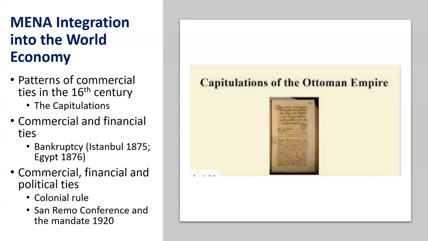And it became worse in the 16th century through a series of agreements. European merchants were given economic concessions to trade. It's called the capitulations. They were allowed to trade freely within the extensive Ottoman territories and Ottoman ports, with concessions like tax exemption.